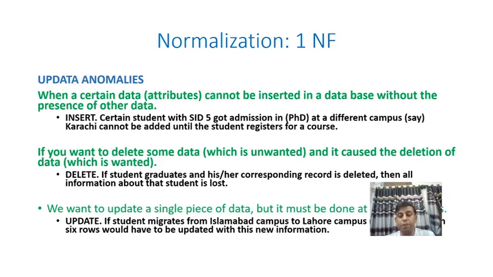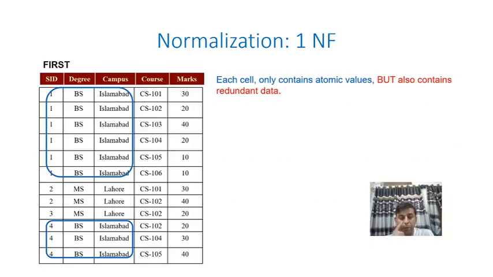Suppose there is a student whose student ID is 5 and who has got admission in the PhD program offered at the Karachi campus, but since he has not registered or taken any courses, we cannot specify his name or his program in the table.